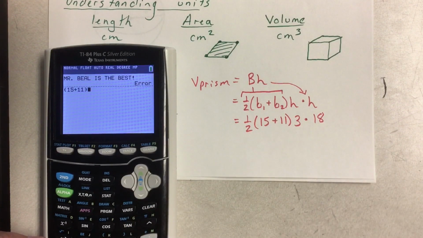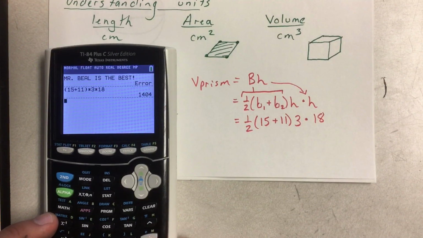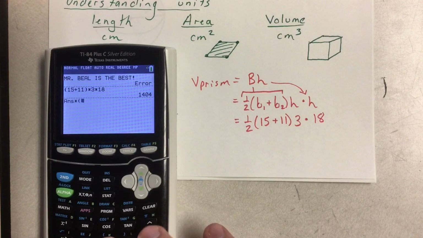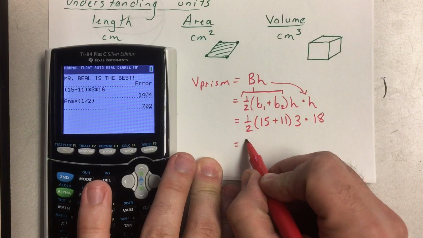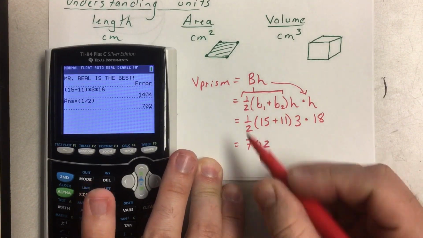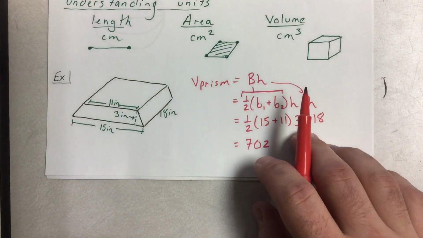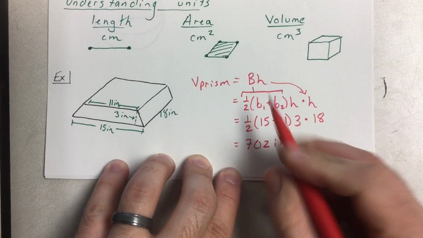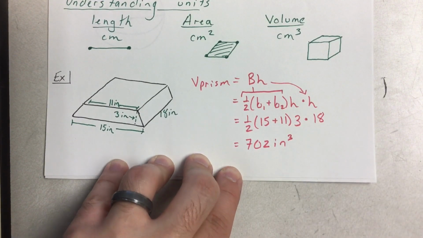I'll do the 1/2 last. Times 3 times 18. And then we want to multiply this by a half, or we can divide by 2, same result, and we get 702. Now this, with our units, as we see on our diagram, is inches, and we need it to represent a volume, so it's inches cubed.